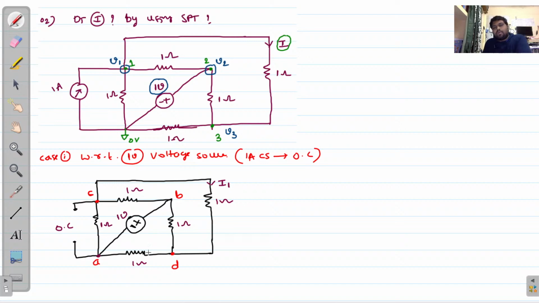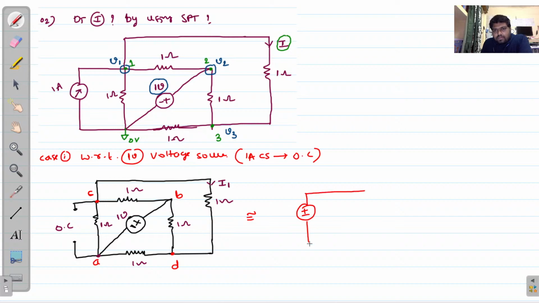Now you can pull out this AB terminal, that means you can bring out the source.